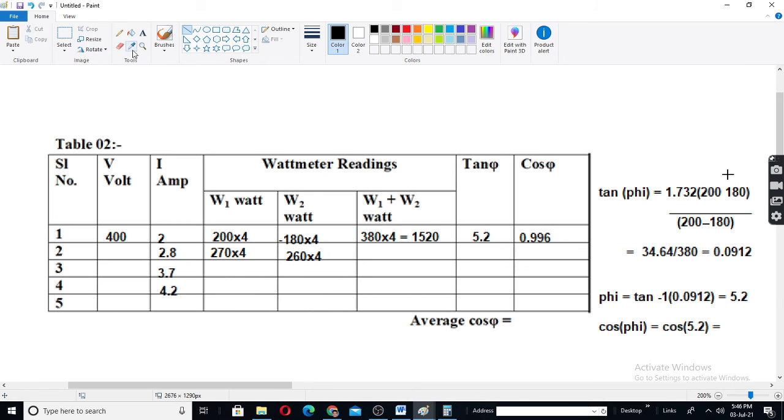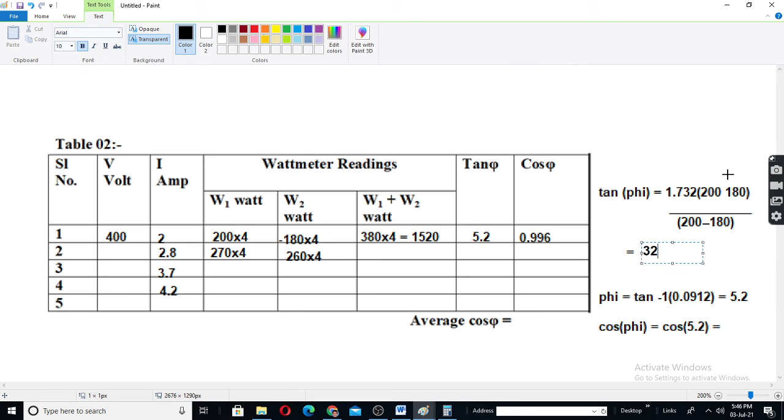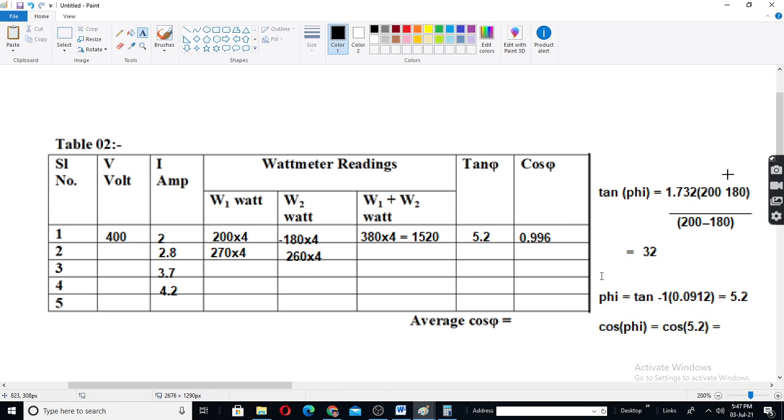So tan phi is 32. Phi is equal to tan inverse of 32.